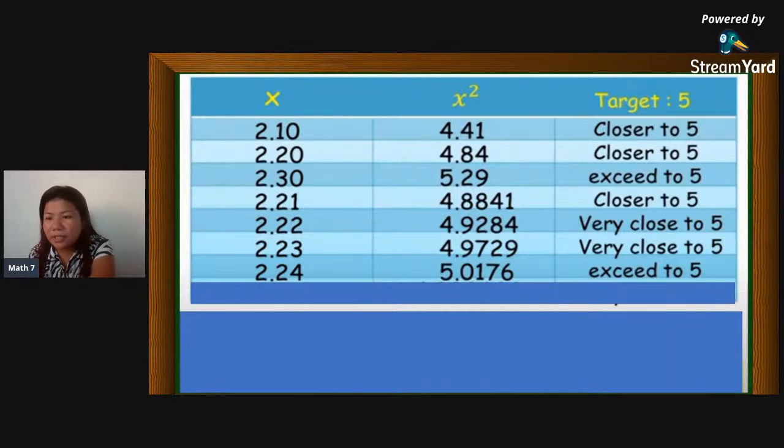Pakikopya muna ng mabilis. Type done kapag nakopya na.